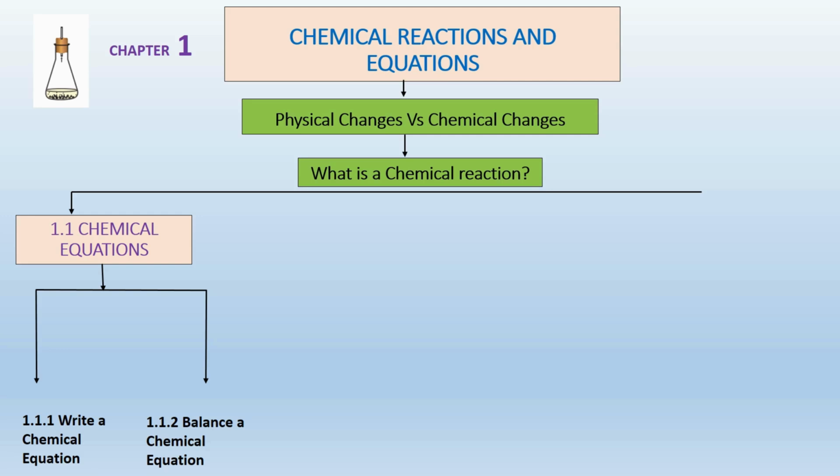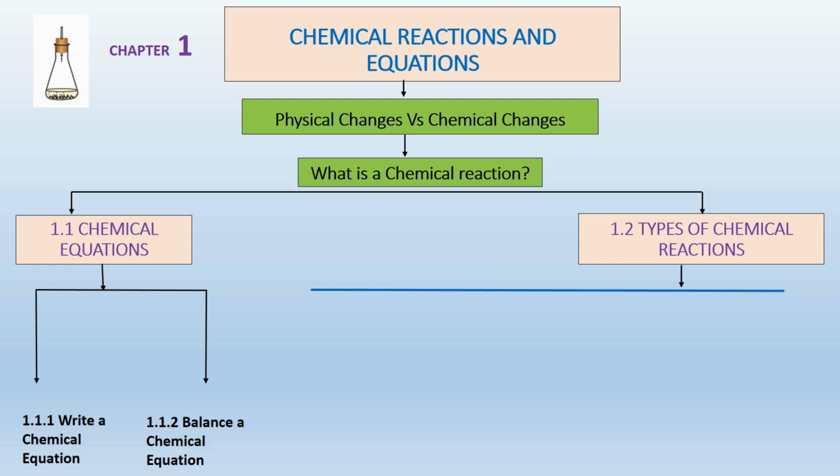After that, we will move on to a very important part of this chapter. What are the different types of chemical reactions? This is something you must understand well because it forms the base of many other topics in chemistry.